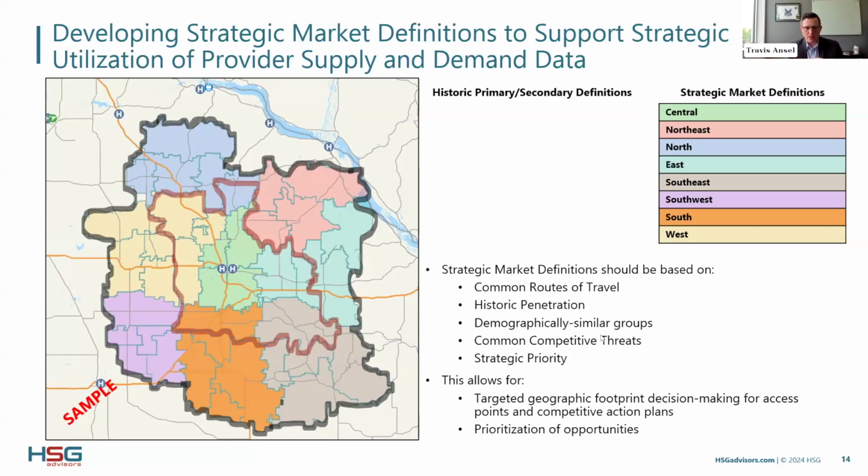That gives us the ability to think in a much more targeted way about how we are going to compete for patients in that market. What does our primary care or other access point footprint need to be? What do we need to think about from either a dedicated specialty presence or a specialty clinic strategy? That gives us all of that data to think about in a targeted market as opposed to an entire primary or entire secondary market.